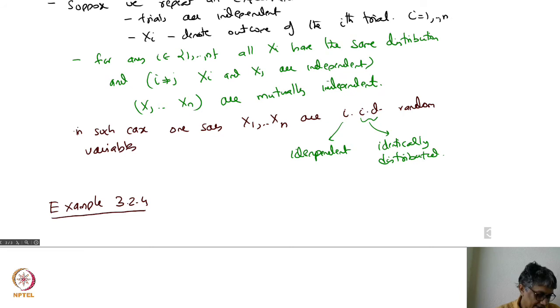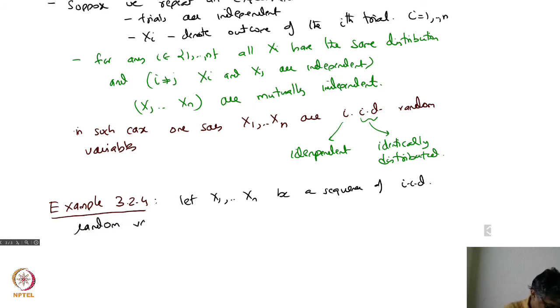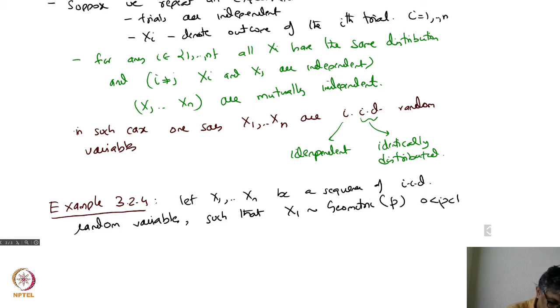Let X1, X2, up to Xn be a sequence of i.i.d. random variables such that each of them, say X1, has the same law as geometric p, for some 0 less than p less than 1.